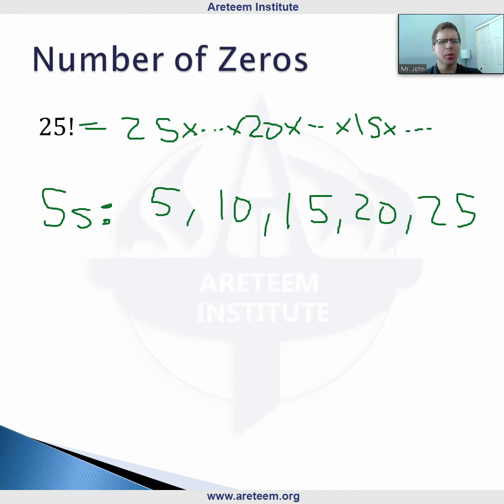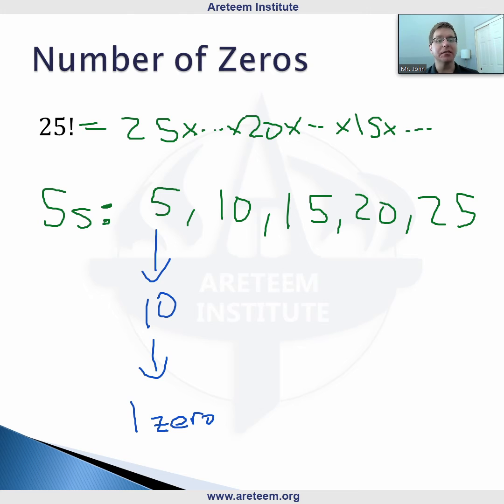Now, here's where things maybe get a little bit confusing, and you should check this. Notice that we have way more 2's, right? Again, we're going to be pairing up 5's with 2's. So we can pair the first 5 up with a 2, maybe the 2 itself, and this will give us a 10, this will give us 1 zero.